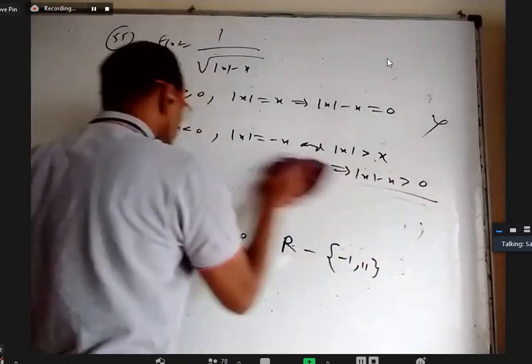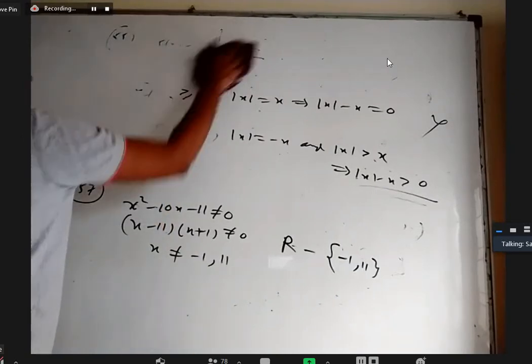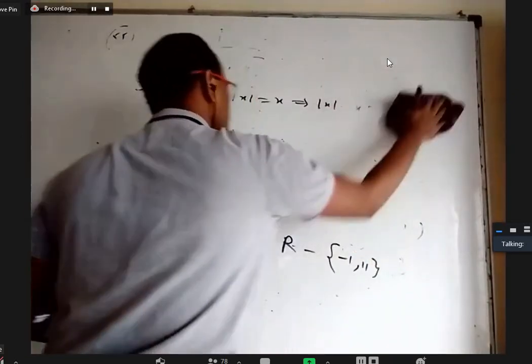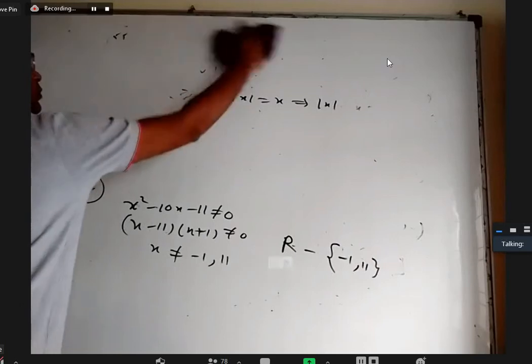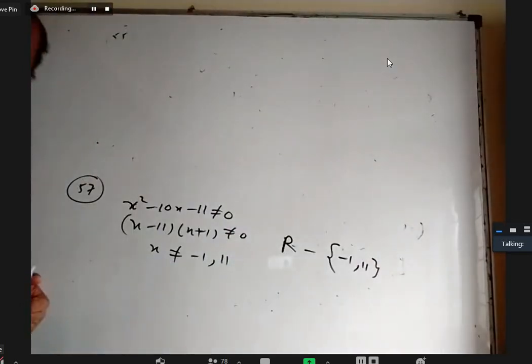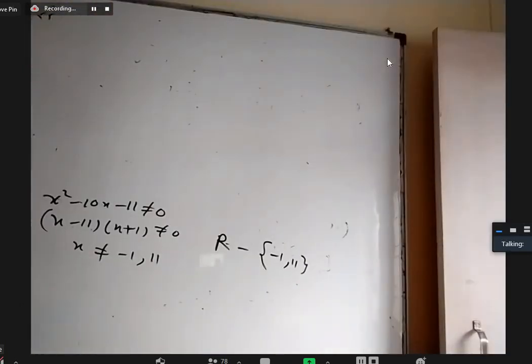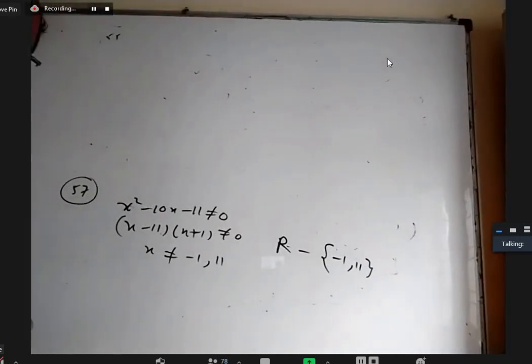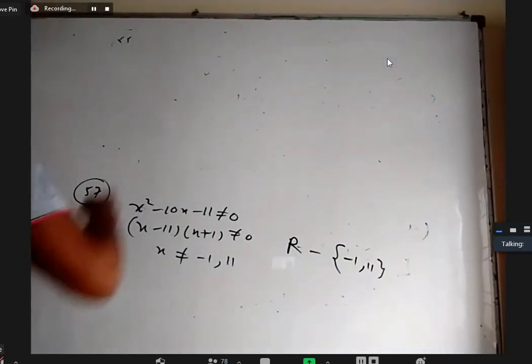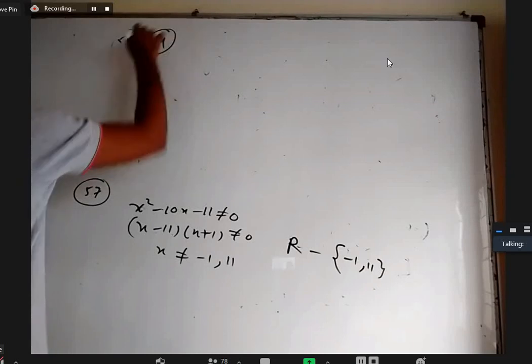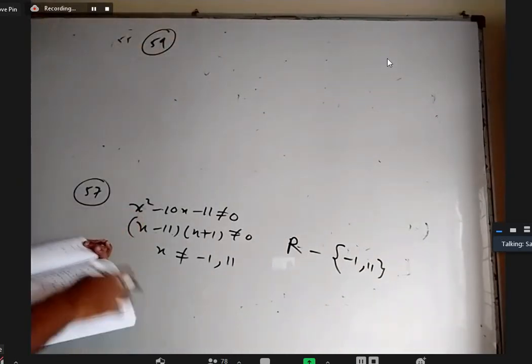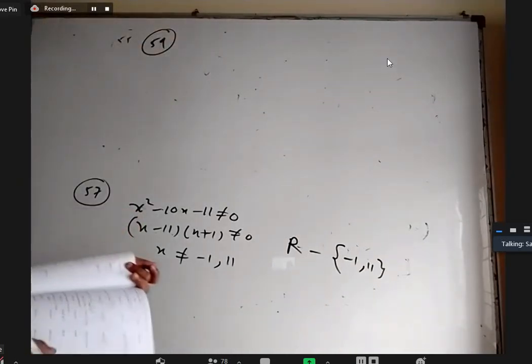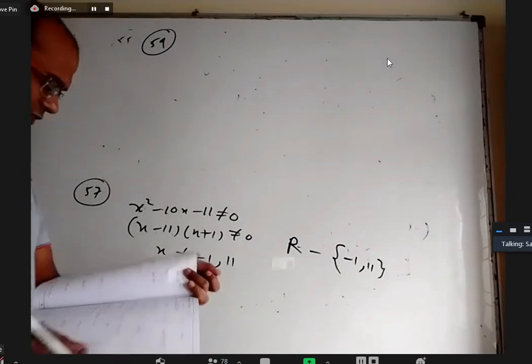Okay, we'll just discuss 59 and we'll stop. Okay, 59. Nothing to worry about sine. Sine of something is always defined.